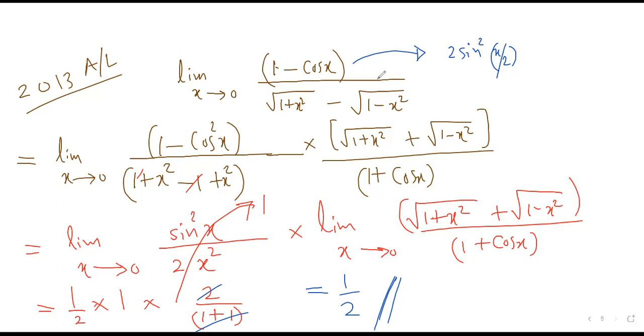If you do it that way, 2 sin squared. Here you have to multiply only by the conjugate of the denominator, like this. Then 1 minus cos x becomes 2 sin squared x over 2.